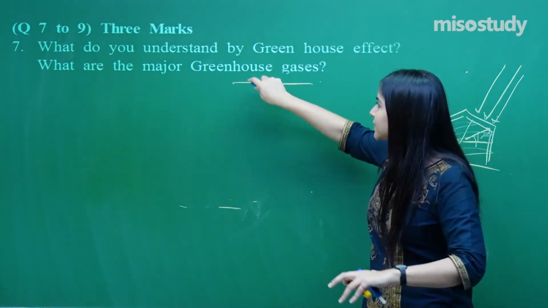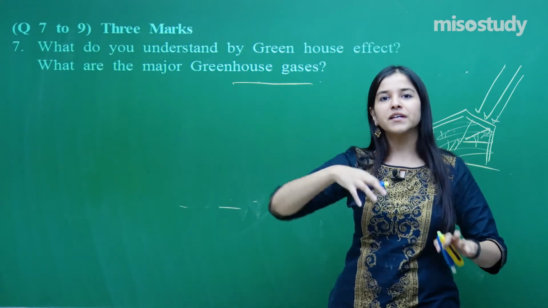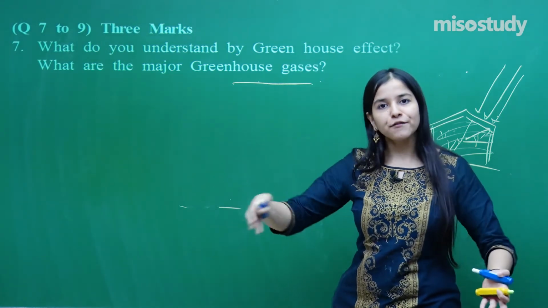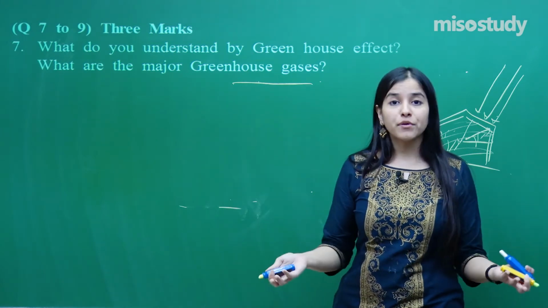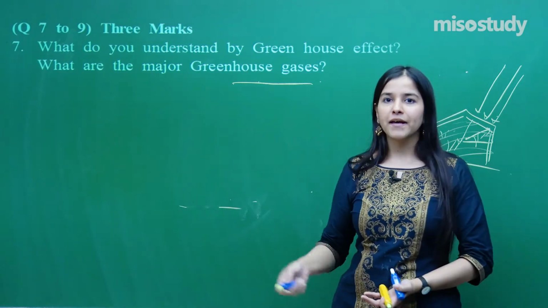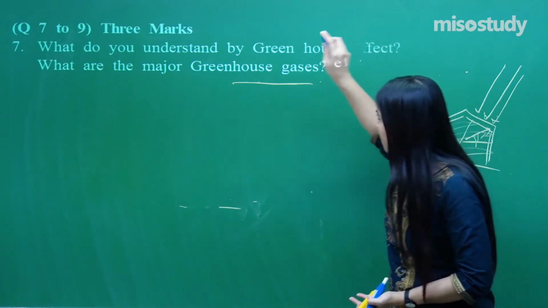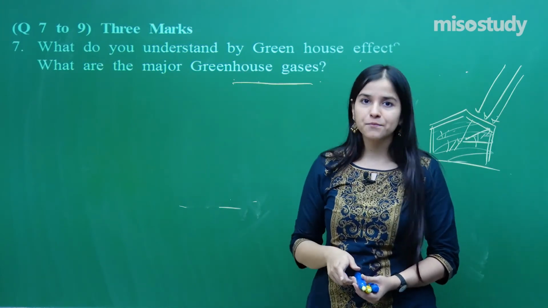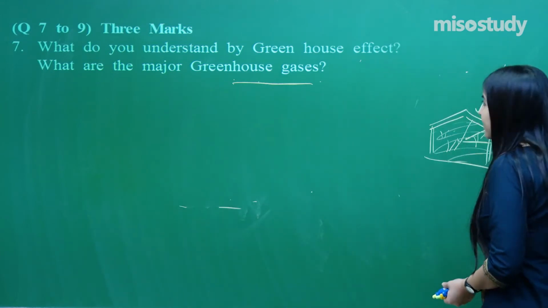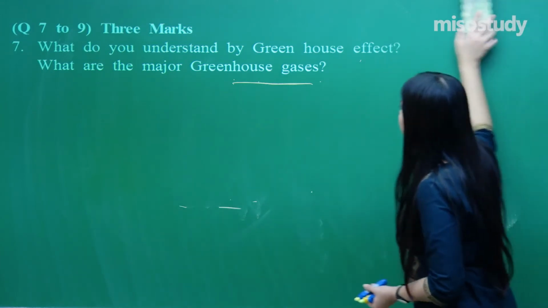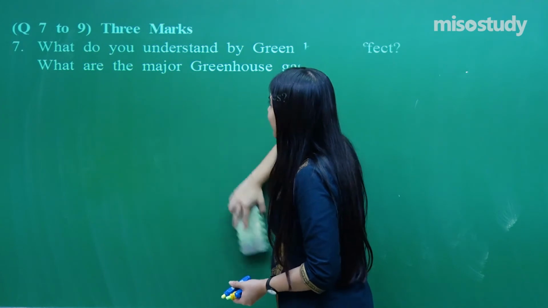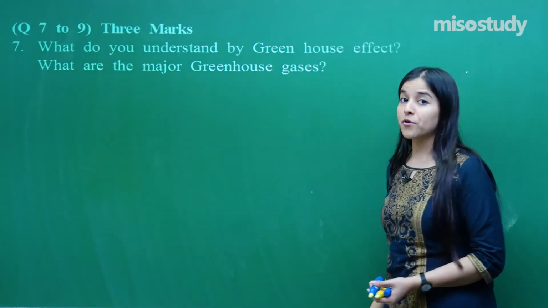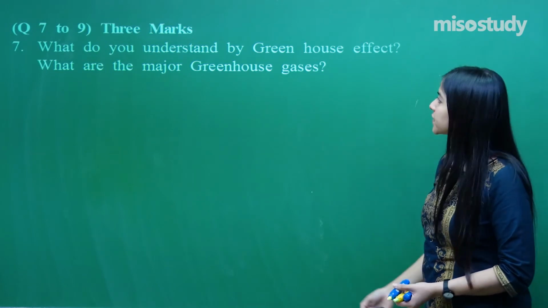The greenhouse gases which are present are trapping the heat inside, in fact much more than is needed, raising the temperature of the earth, leading to global warming, and that is what the greenhouse effect is. And the major greenhouse gases, we already know who are the main culprits behind this. Clear? And raising the temperature of the earth makes the polar ice caps melt and leads to so many problems for us, right? Okay.